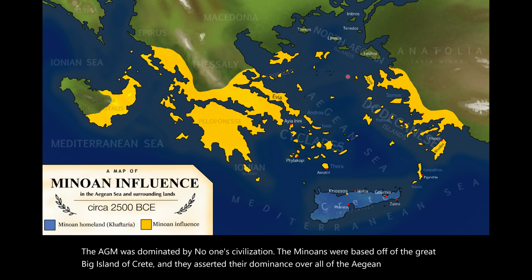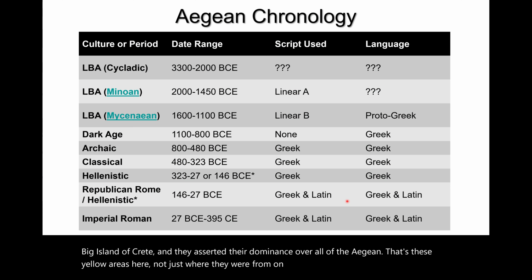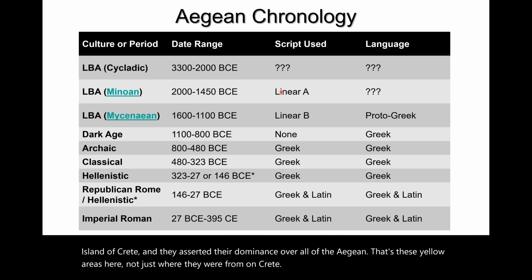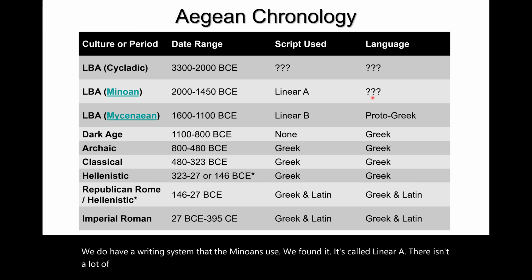That's these yellow areas here, not just where they were from on Crete. We do have a writing system that the Minoans used. We found it. It's called Linear A. There isn't a lot of it, so we don't really know what it says. There's not enough sample size to figure out the actual text.